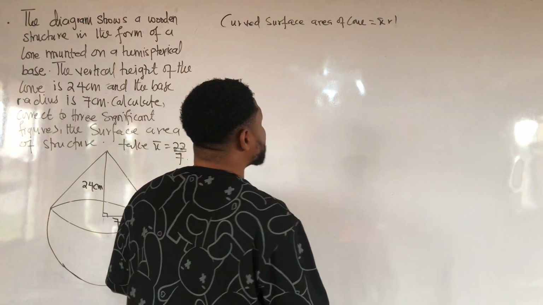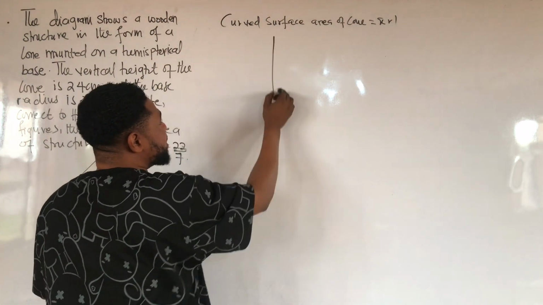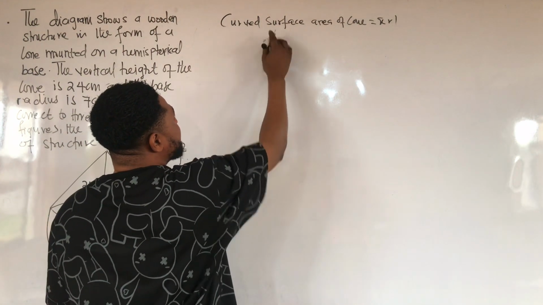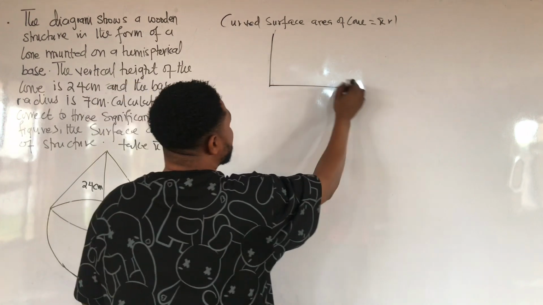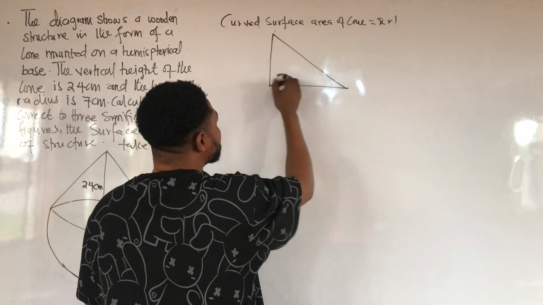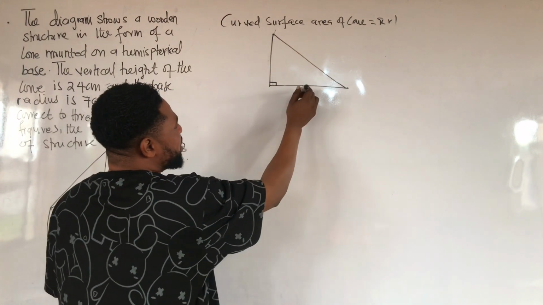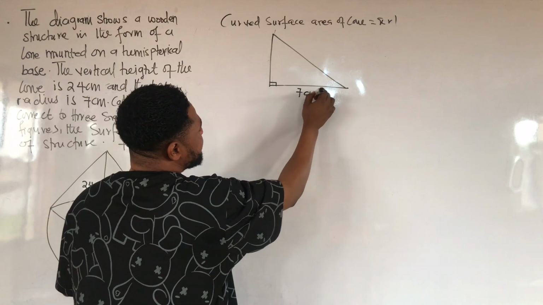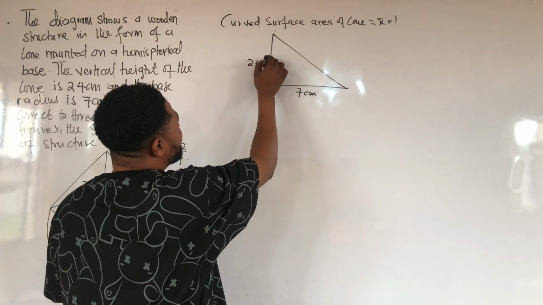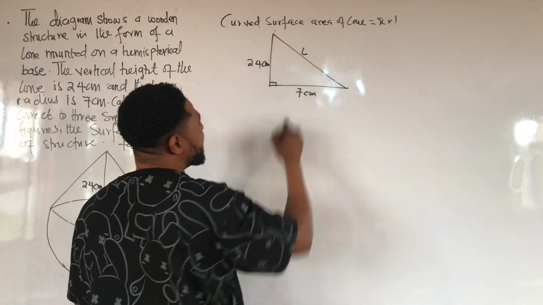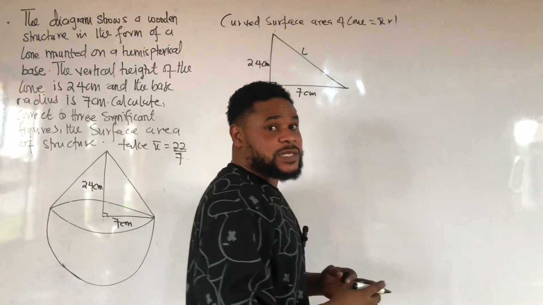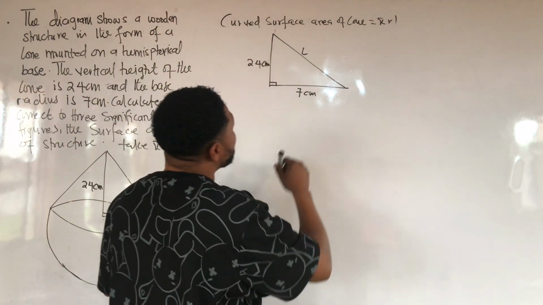How do we get the slant height? We take this right angle triangle from the diagram, with 7 centimeters here, 24 centimeters, and this is our L. So we are going to use Pythagoras theorem to find L.